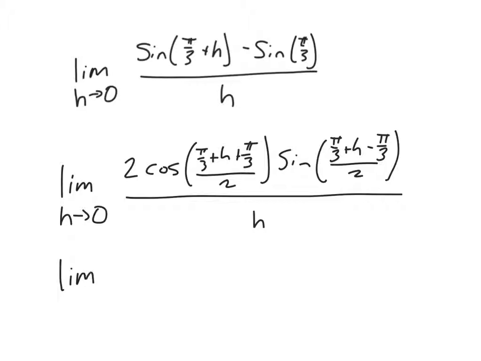We have the limit as h approaches 0 of 2 times the cosine of 2 pi over 3 plus h over 2.